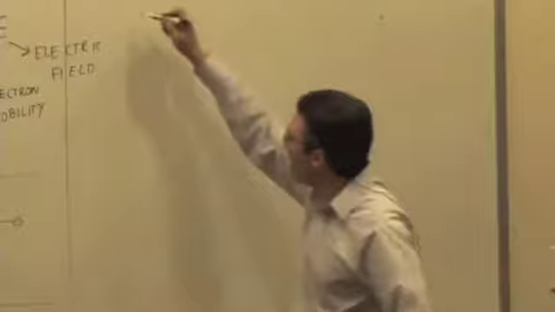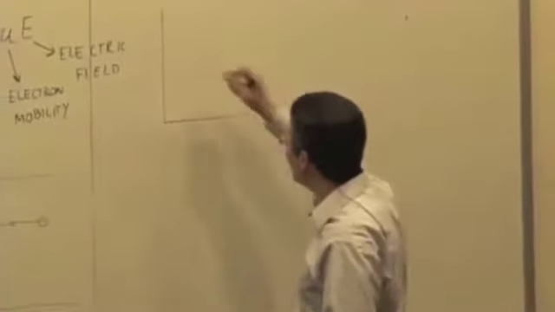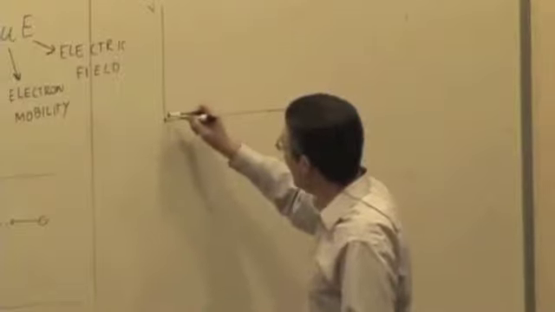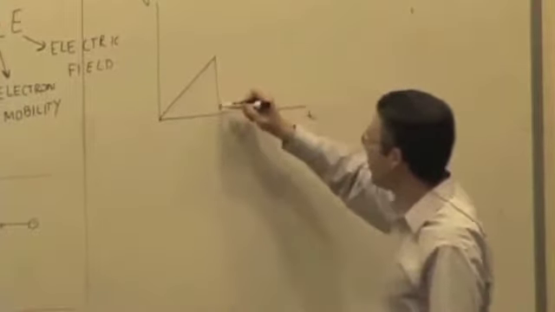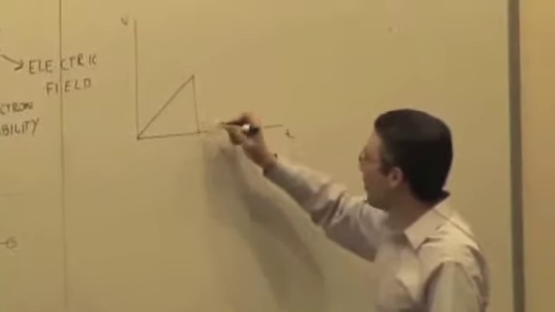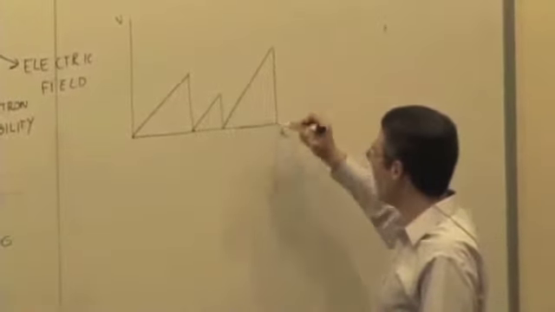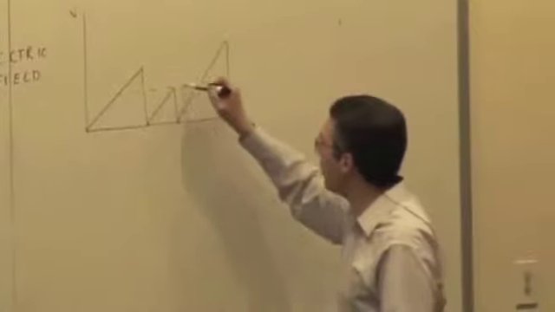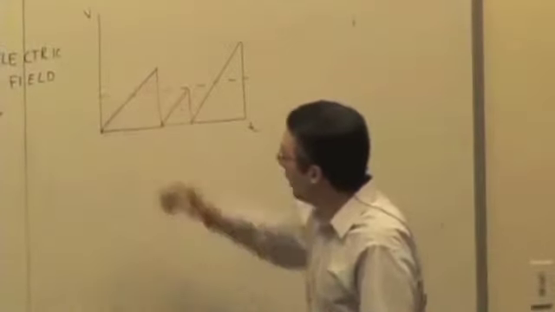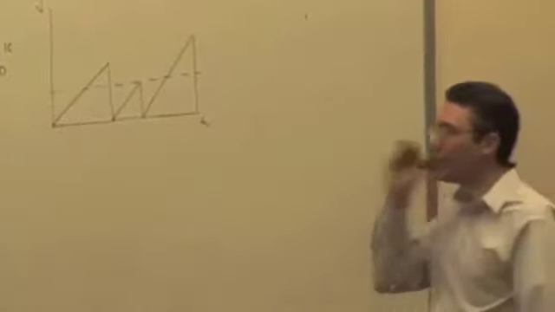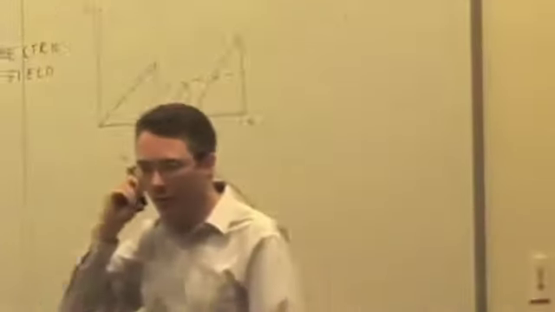If you were plotting the velocity versus time for a mobile electron, you'd see it accelerate in the electric field, then collide and lose all its energy, and accelerate, and lose all its energy again. So on average, you have an average constant speed for these mobile electrons, and so the drift speed is directly proportional to the applied electric field.